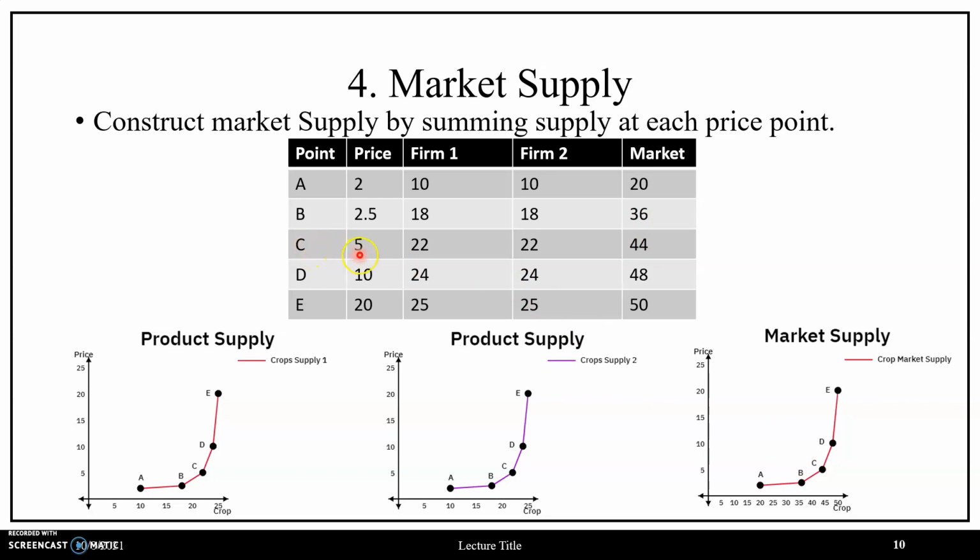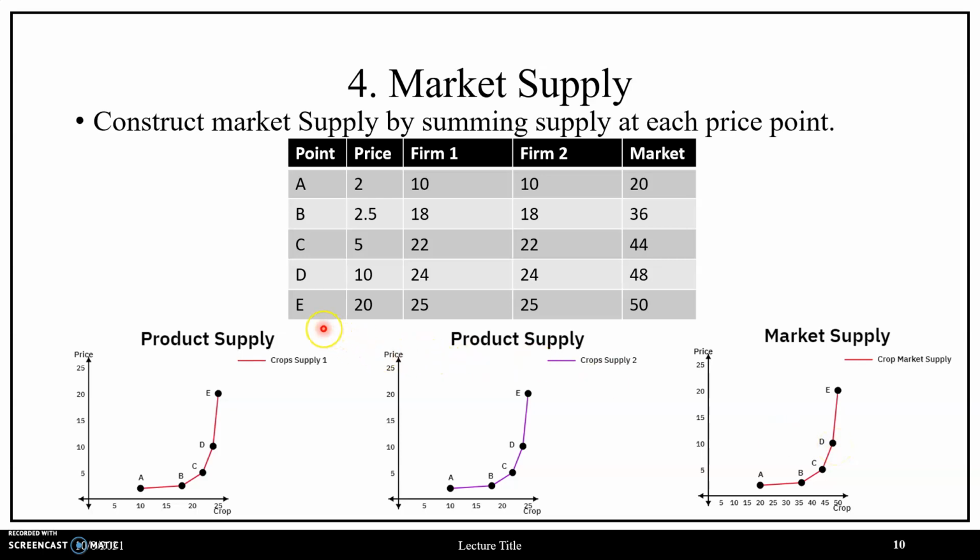For point C, at a price point of 5, firm 1's quantity supplied is going to be 22. Adding this with firm 2, or just scaling it by 2, gives us a value of 44 in terms of the market. Moving on to point D, at a price point of 10, quantity supplied for firm 1 is going to be 24. Likewise for firm 2, summing those two together gives us a value of 48.